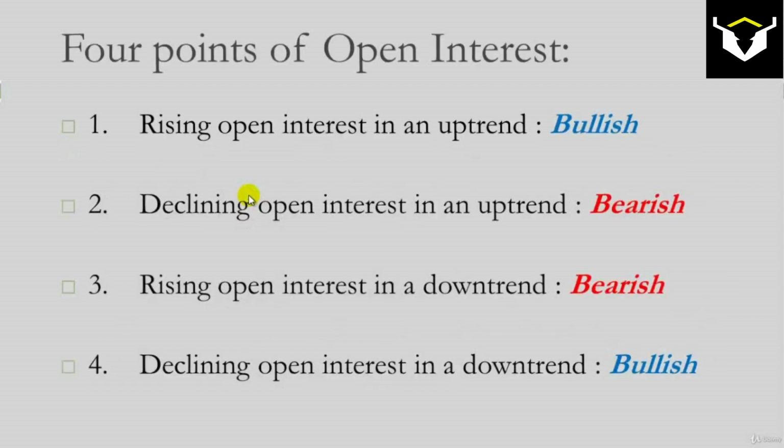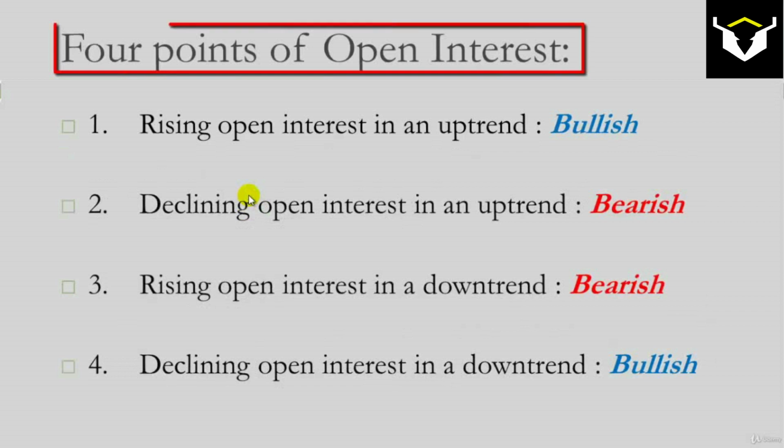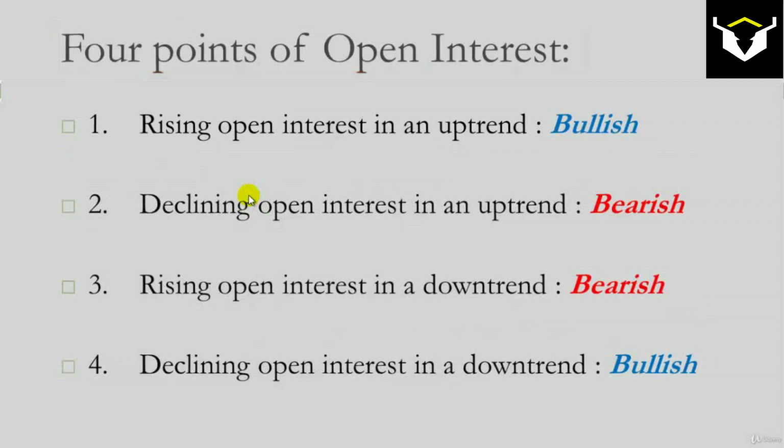So, a shortcut to understanding the interpretation of open interest. First, rising open interest in an uptrend, in a rising price move, is considered bullish. Declining open interest in an uptrend, falling open interest in a rising move, is considered bearish.